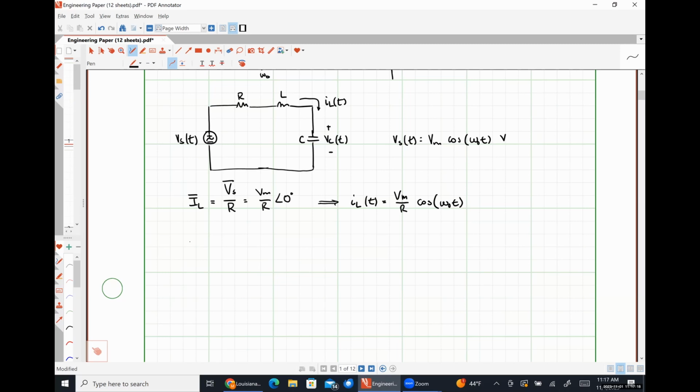The energy stored by our inductor is 1/2 L times the inductor current squared. So that's going to look like 1/2 L times the quantity Vm over R cosine omega naught t, squared.